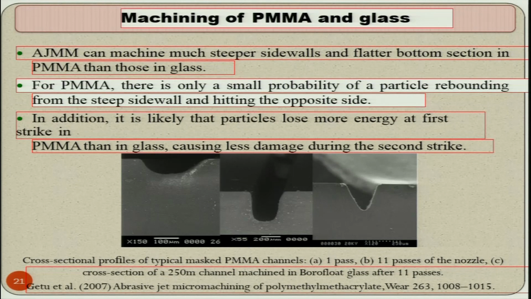So, all this will depend upon the workpiece material properties as well as abrasive particle properties, and this paper has been taken from this particular reference, as you can see over here, published in the journal Wear.